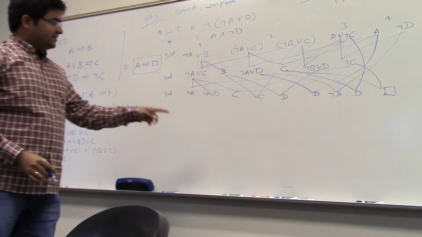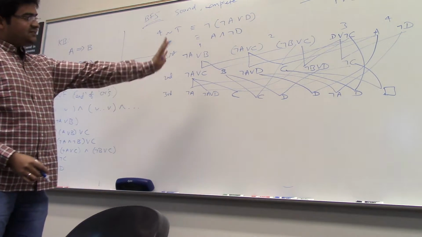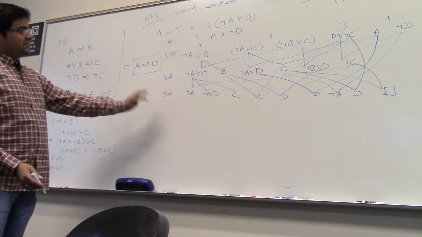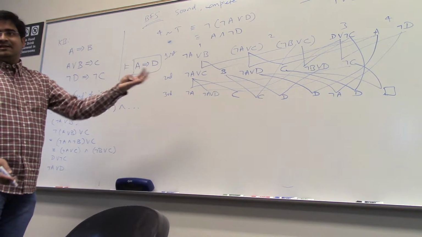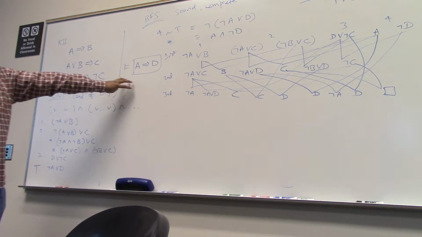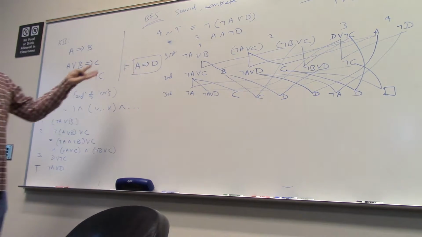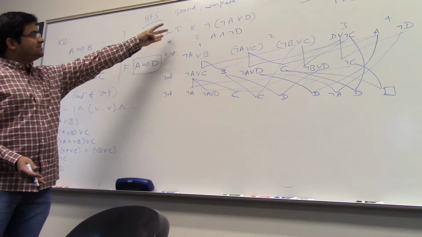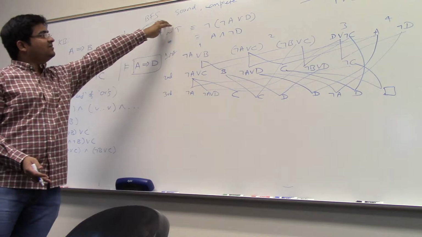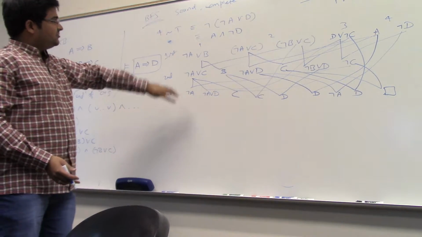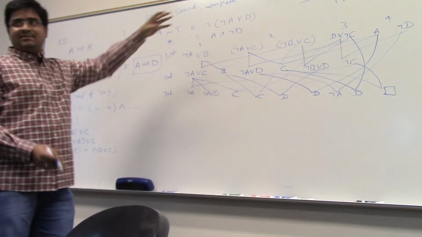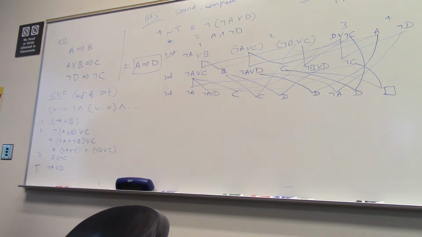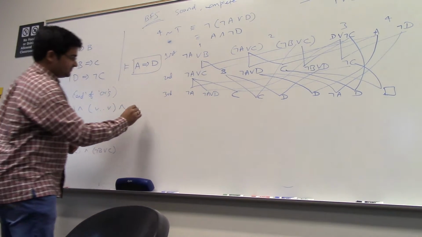If at some point it gives up, exhausting all combinations, and we haven't found the empty clause, then it means this is not true. If we found the empty clause, then it is true due to soundness. And due to completeness, if it can't be found, it's not true. That's the thing with brute force. The next one we are seeing is the set of support strategy.